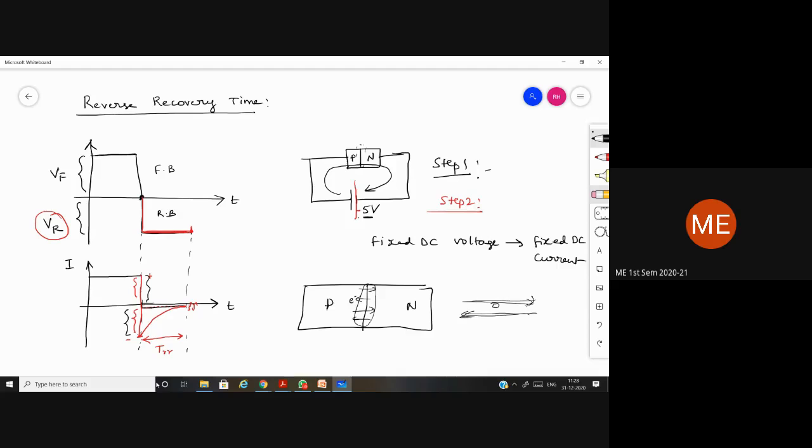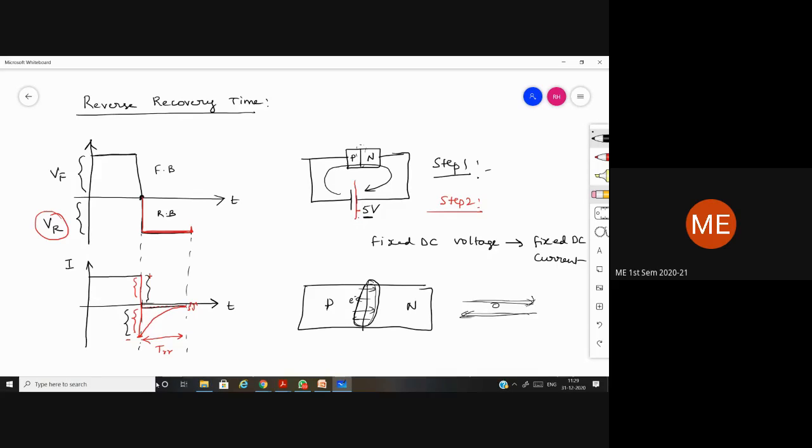In the same way here, during forward bias condition, the electrons or charge carriers are freely moving across this junction. But when you suddenly reverse bias, they cannot suddenly go back. They have to move forward only. Because of those charges held up in the junction, we are going to have this amount of current.